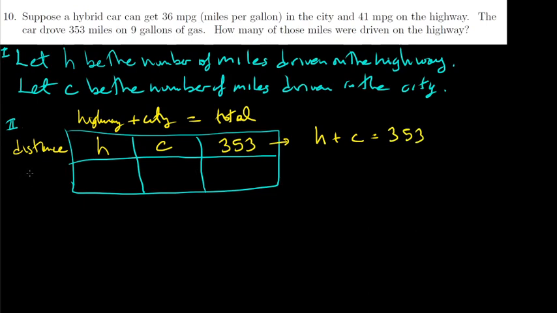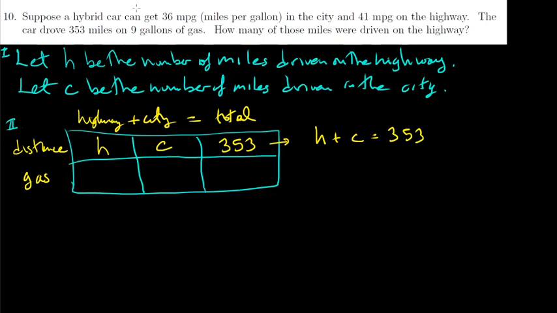And then we have the amount of fuel that we use. Even though it is a hybrid, it does require gas. It's not completely electric. So how are we going to figure out the amount of gas that we used?